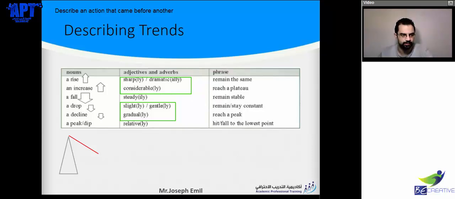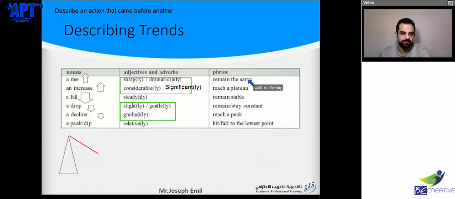I'm just going to write this one down here. Significantly, of course, the ly at the end is added to indicate an adverb. Significant or significantly. Steadily, a steady rise. Slightly, gently, gradually, and relatively.